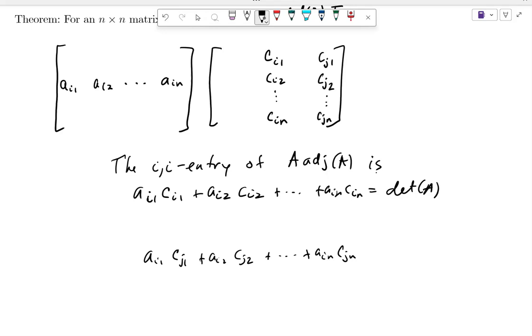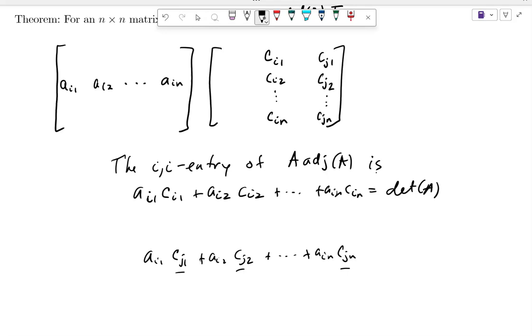But where would these have come from? Where would the C_j1, the C_j2, and so on down the line, come from? How do you get the cofactors? What did we go across? The rows, right? We went across the rows, didn't we?